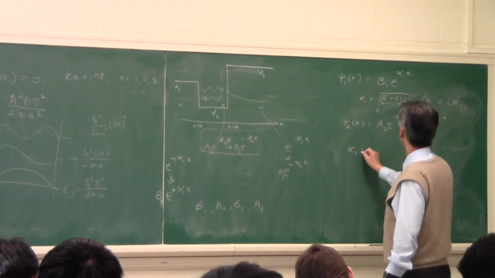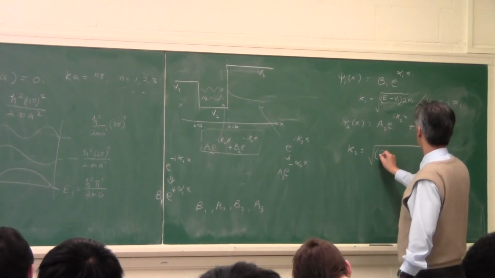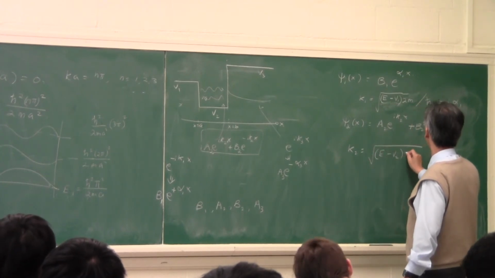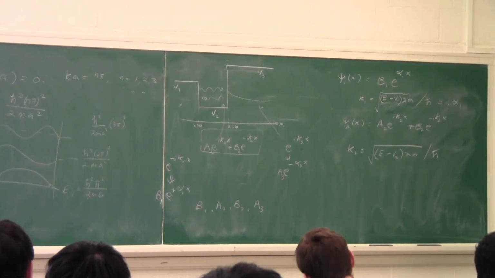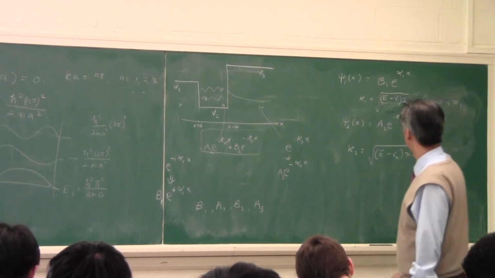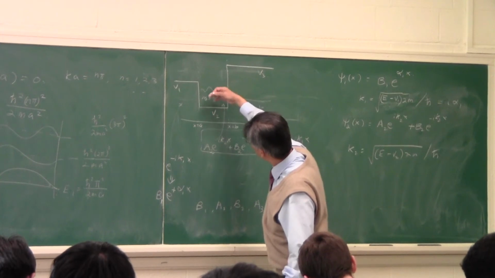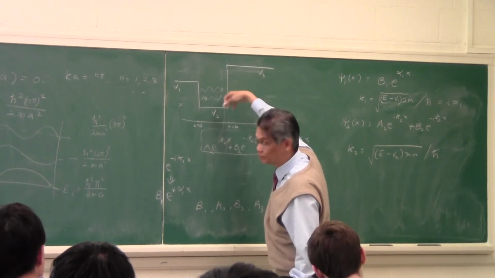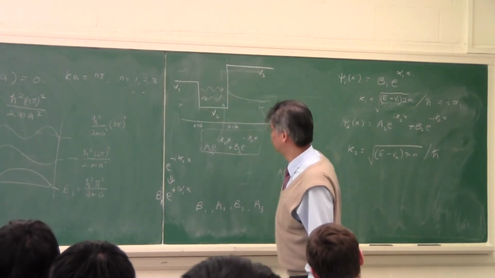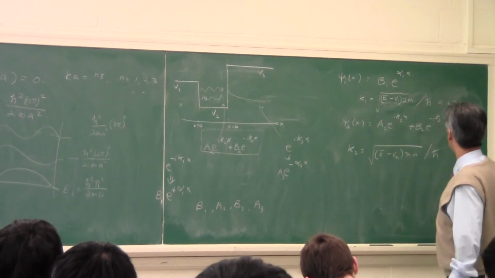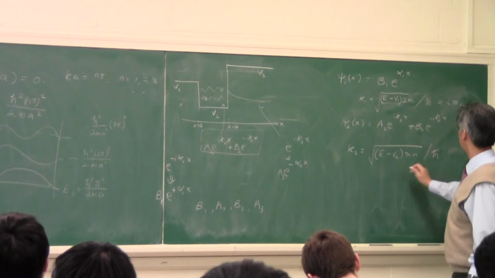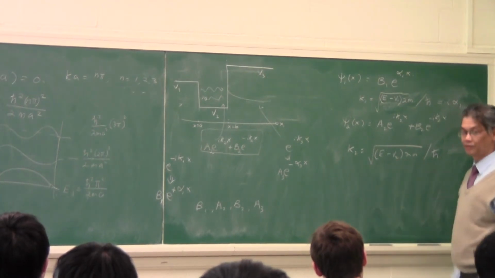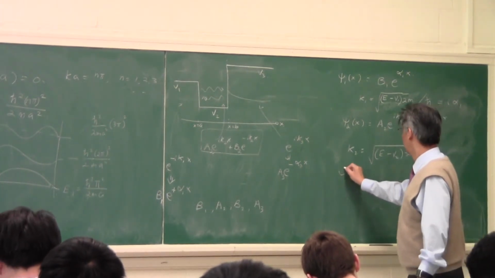And k2 should be the square root of (E minus V2) 2m divided by h bar. Okay, that is the wave number that it should have. And we expect the particle is energetic enough so that it can move about. It's propagating. So we expect that this number is larger than 0, so that k2 is not pure imaginary.